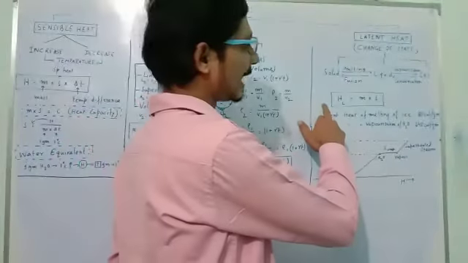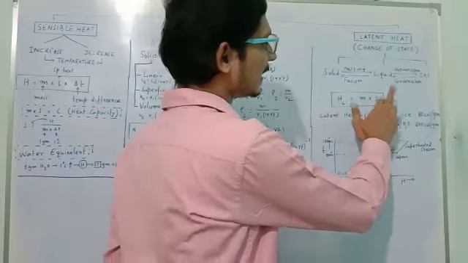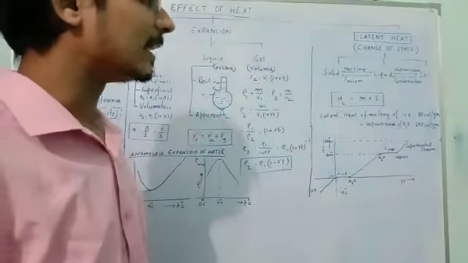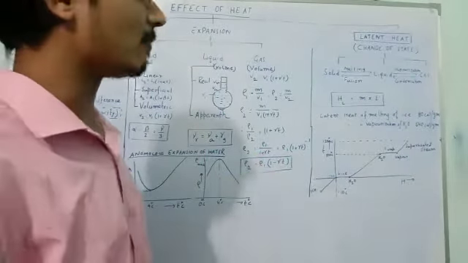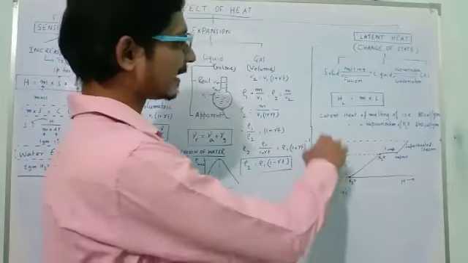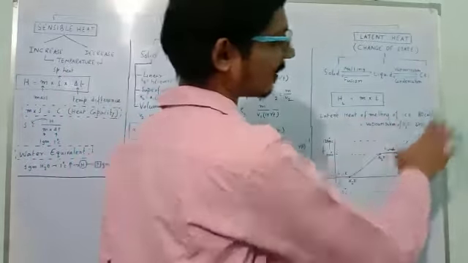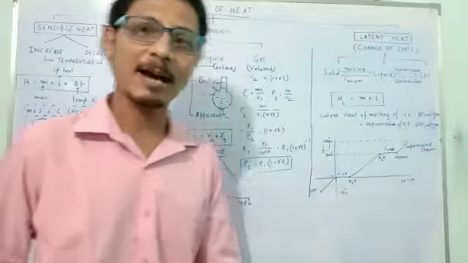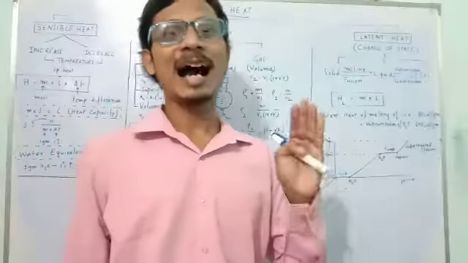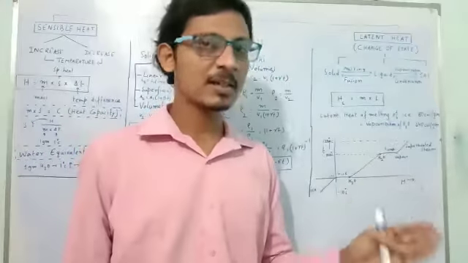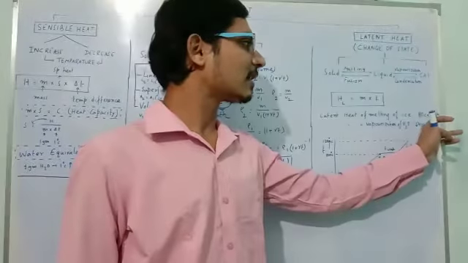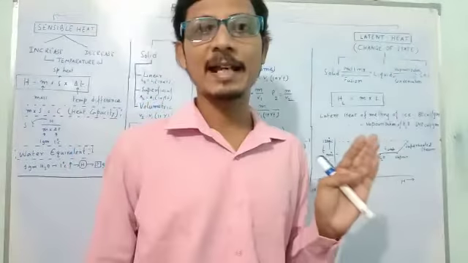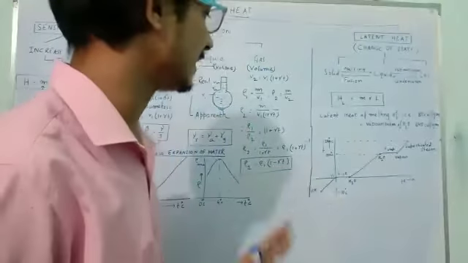The quantity of latent heat is equal to mass into latent heat per unit mass. Like the latent heat of melting of ice is 80 calorie per gram. That means to melt ice from solid to liquid, per gram of ice we require 80 calorie of heat.